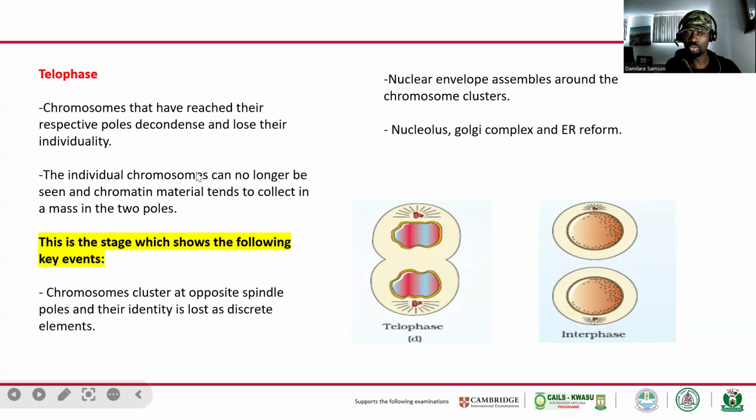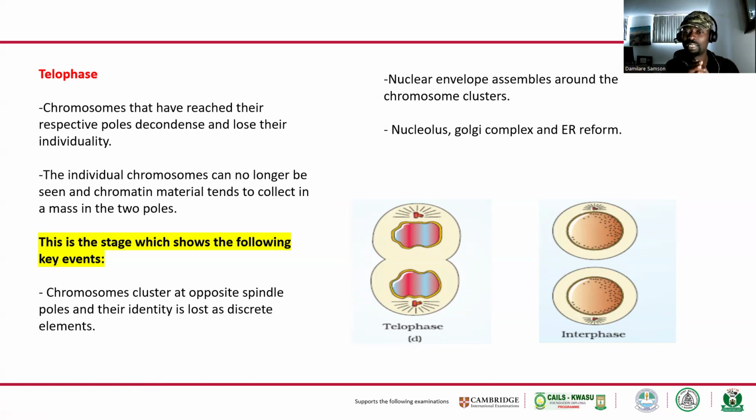Now, the individual chromosomes can no longer be seen, and chromatin material tends to collect in a mass at the two poles. Remember, I once mentioned this chromatin material. They are the chromatids that come together to form the chromosome when the centromere joins them.